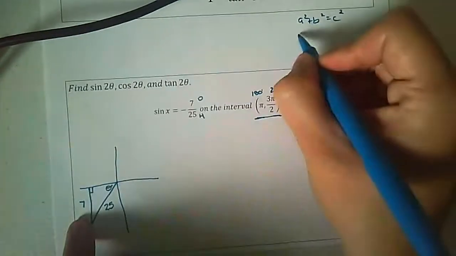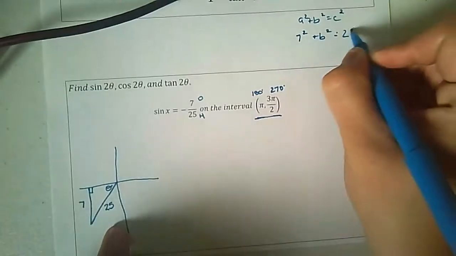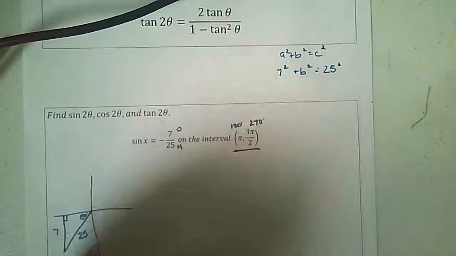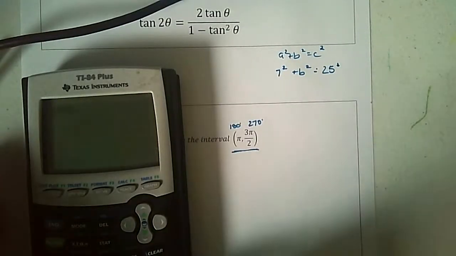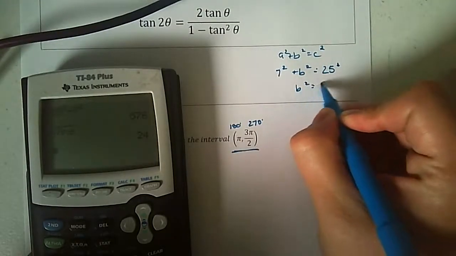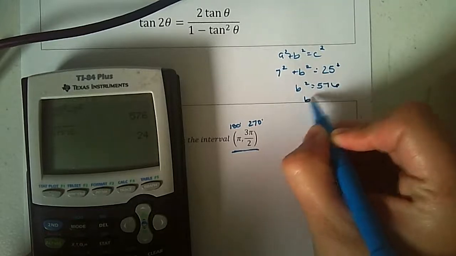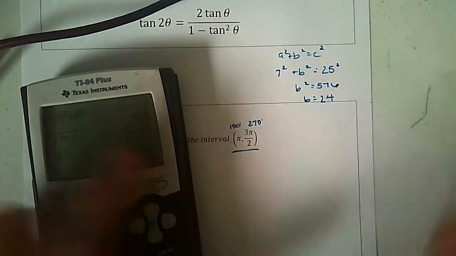One of my sides is 7, my hypotenuse is 25. Let's clean that up. So it looks like my other side is going to have a length of 24.